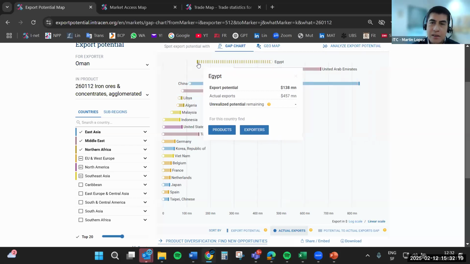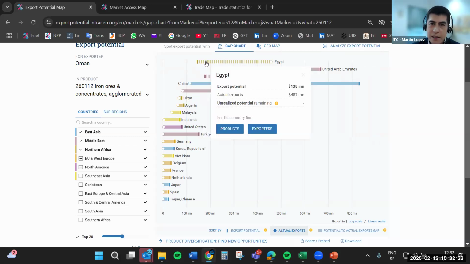This is something interesting because this indicates two things. Well, this indicates that Oman is performing extremely well in the Egyptian market of iron. Congratulations. But at the same time, this is a signal of alert, because what if there is this Omani company that is only and only exporting to Egypt?